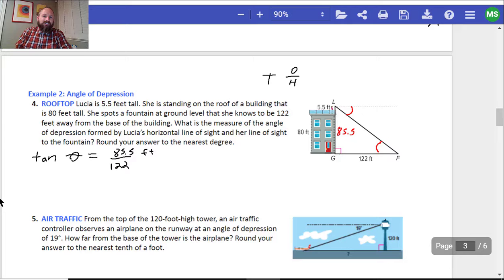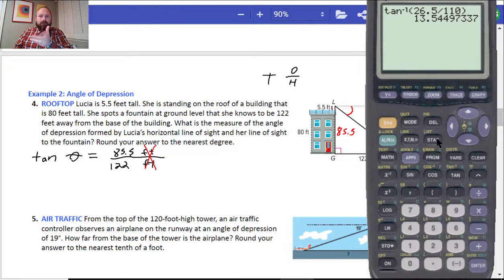And technically it's feet and feet, but when I divide out, they go away and they say goodbye. All right, so let's get our handy dandy calculator and figure it out. I'm going to want to get rid of this tangent, and the inverse operation of tangent is the inverse tangent. So I'm going to divide 85.5 by 122, and that's going to give me how many degrees it is.